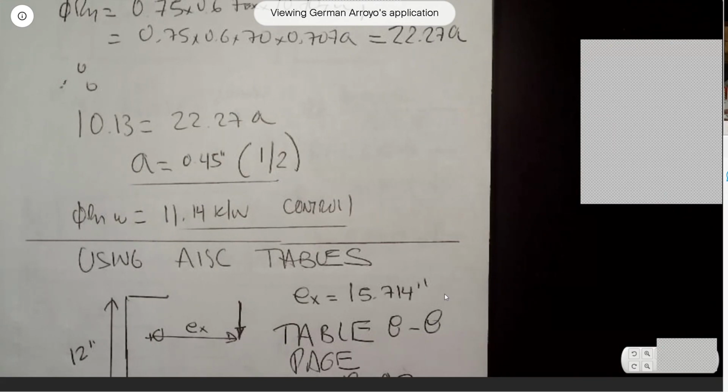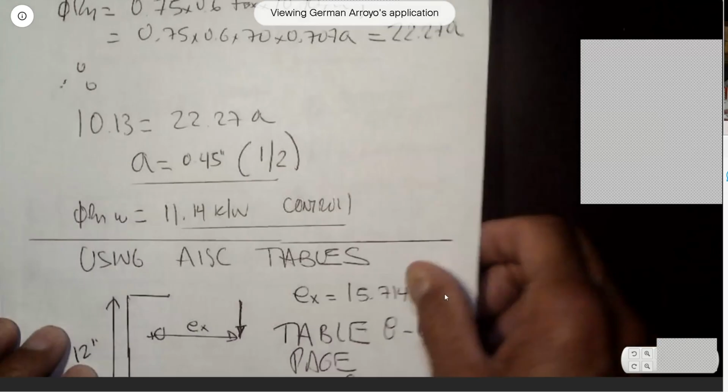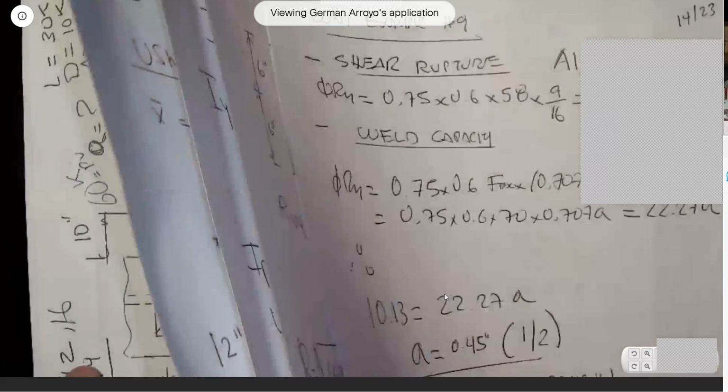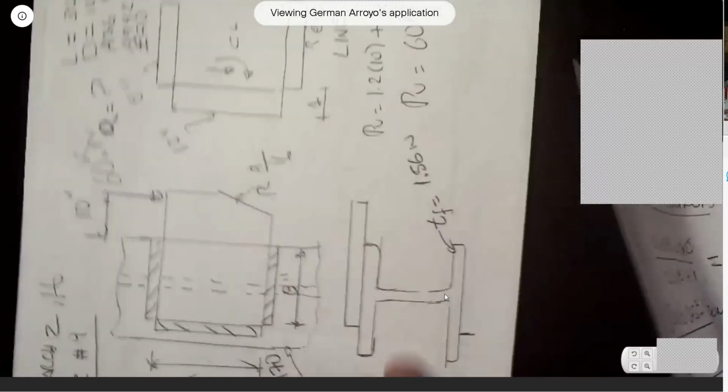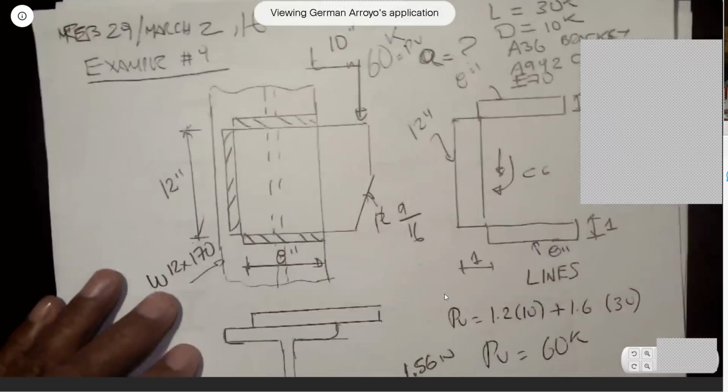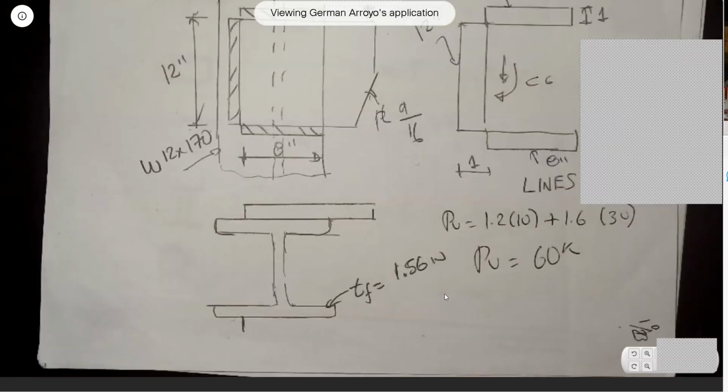Okay, look, for cases with a bracket, we don't use the web, right? Obviously, please feel free to ask questions. Look, the connection is through the flanges, so we do have to use the thickness of the flange.